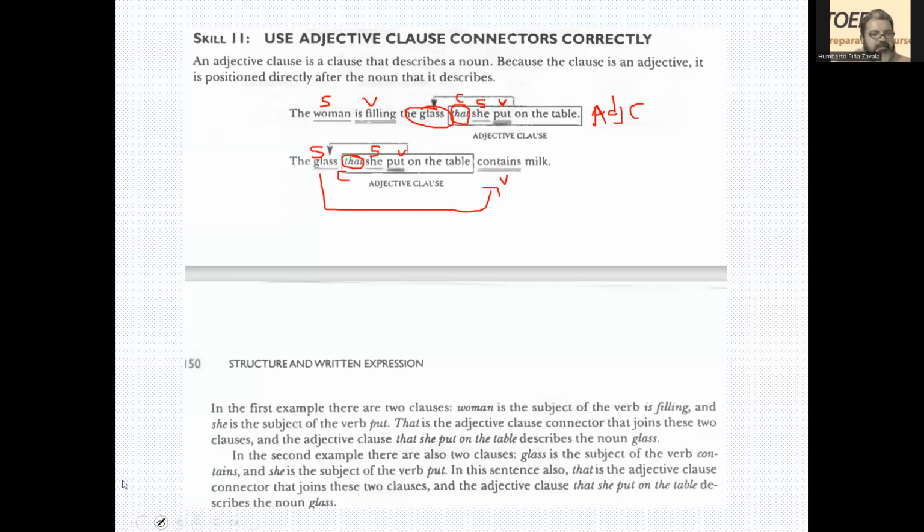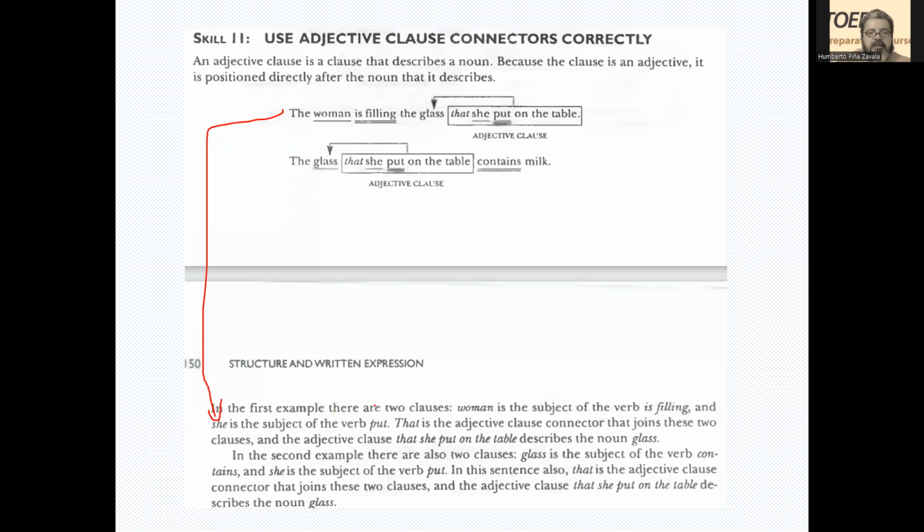That's what we're saying. All right, so in the first example, there are two clauses. Woman is the subject of the verb is filling, and she is the subject of the verb put. That is the adjective clause connector that joins these two clauses in the adjective clause that she put on the table, which describes the noun glass. So we know what glass we're talking about. In the second example, there are also two clauses.